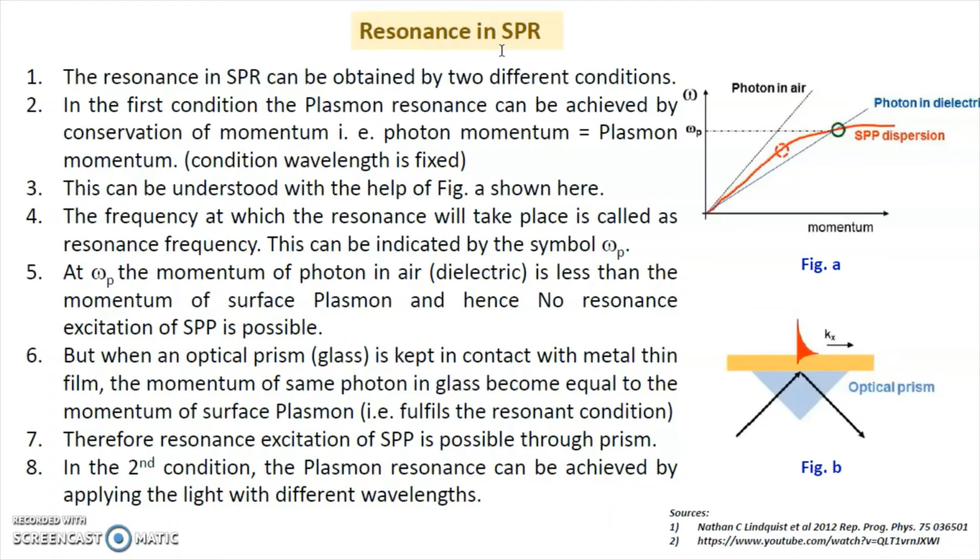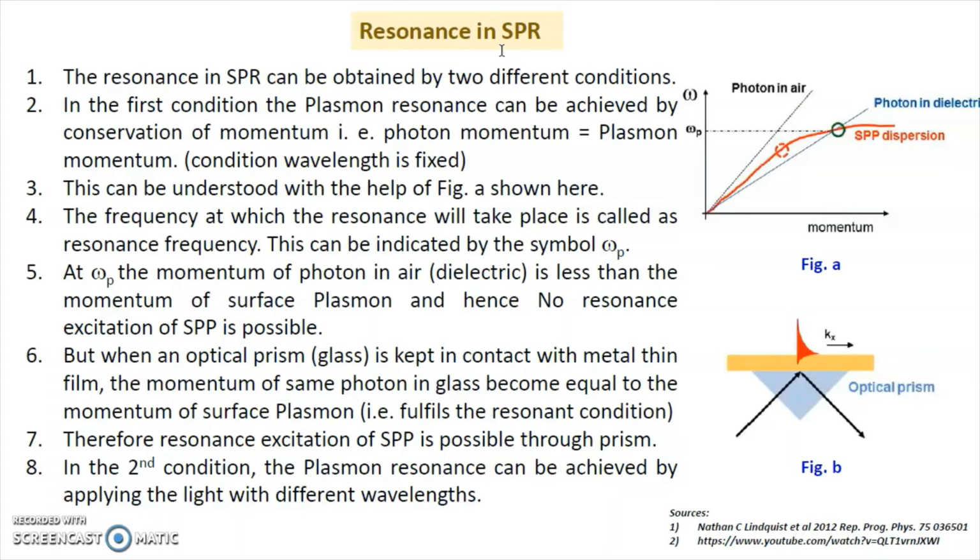Now here, because the surface plasmons are nothing but oscillations of free electrons, these oscillations of free electrons are oscillating with their frequency, right? So first imagine that there are two types of frequencies. One is the frequency which is associated with light, right? You all know about the frequency of light.